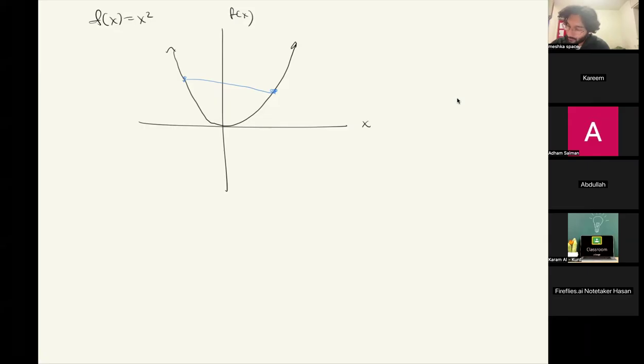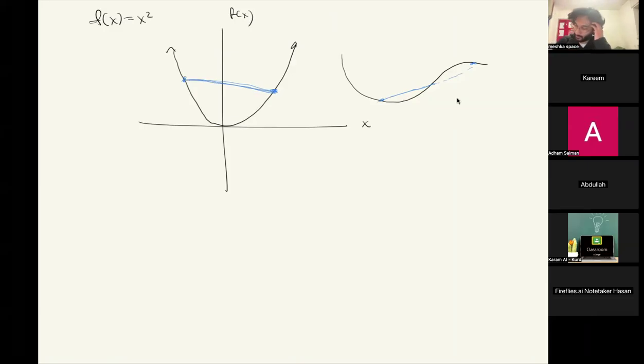An example that's not convex is something like this. If I go from here to here, there's this portion that lies below the graph. So convex means that if I take any two points on the graph, the segment between them is completely above.